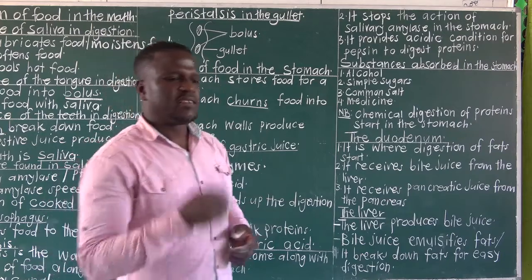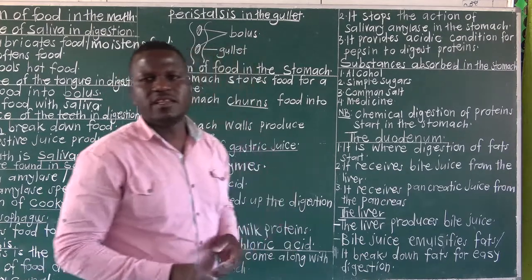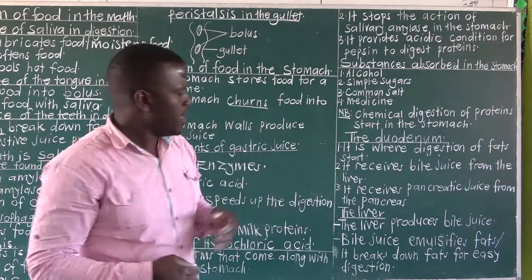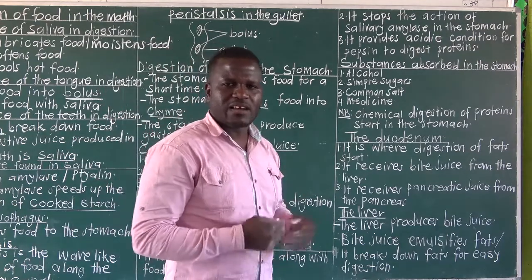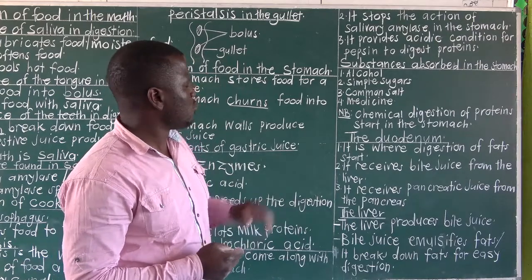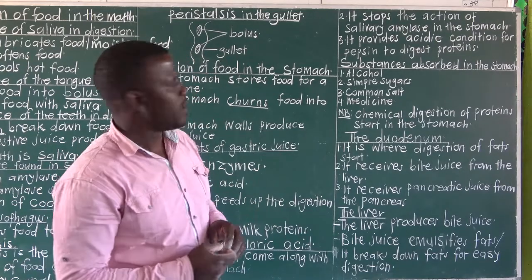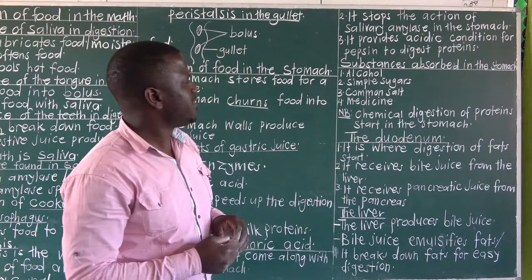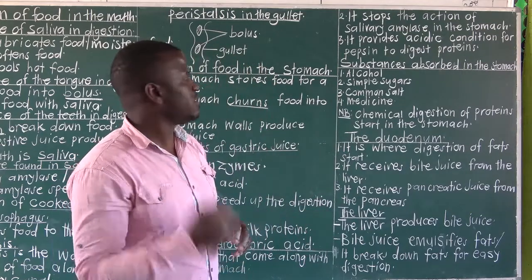So in other words, salivary amylase can only speed up the digestion of cooked starch in the mouth, not in the stomach. The moment it reaches the stomach, that action stops because of hydrochloric acid. Remember, salivary amylase works best under basic condition, which is in the mouth.